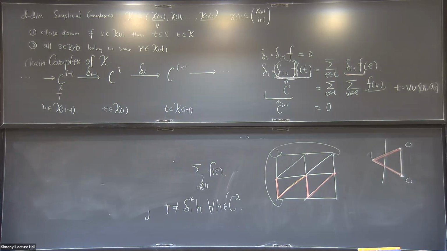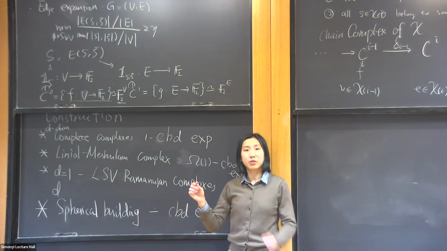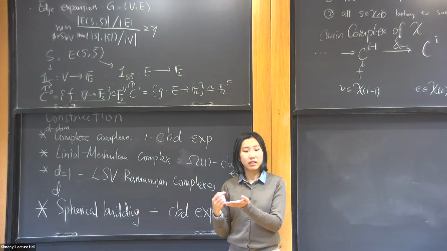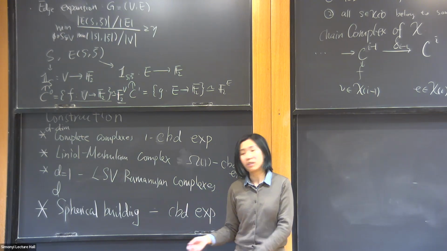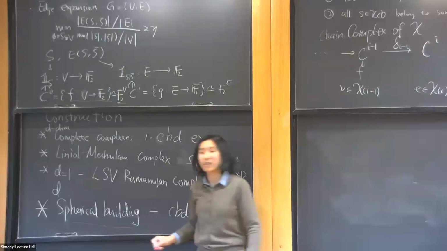Yes, but they're all known to be coboundary expanders over F2, and I think that probably the proof should carry over for other finite group coefficients as well, because it's a very geometrical proof. And actually to get higher dimensional coboundary expanders, we have to increase the underlying field size when we're constructing this spherical building.